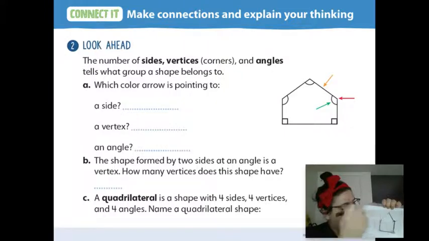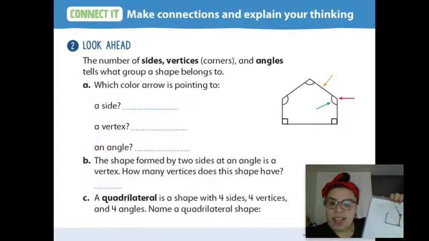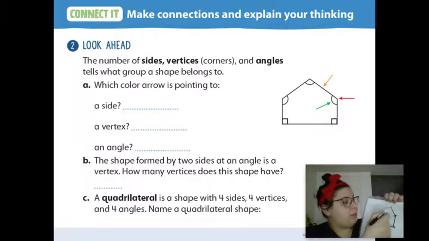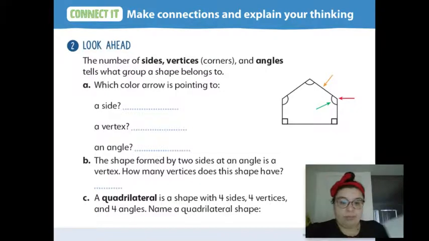We call that an angle. And where it comes together on the inside, we call that a vertex. So vertices and angles, I think of those as kind of similar, but they're different. So a vertex is where it meets, and an angle means where it comes together and makes a little corner. That's an angle. So you would write red there. So an angle, and then we use that red arrow to show an angle.